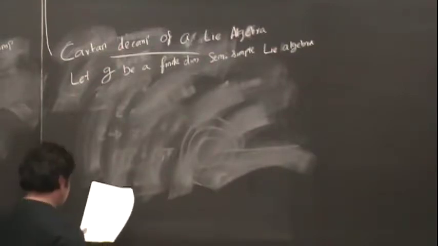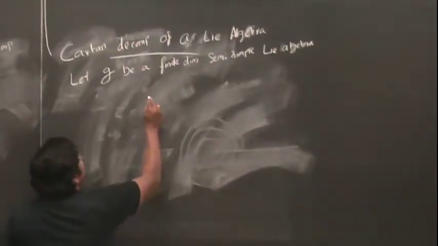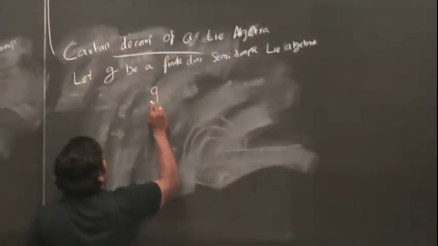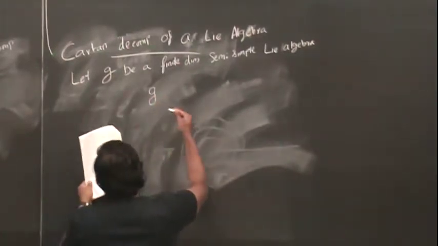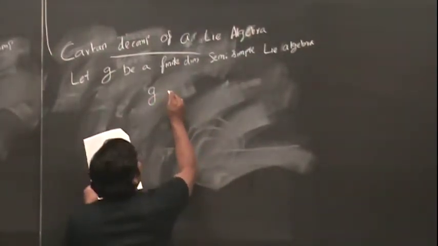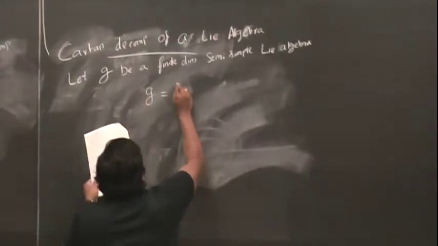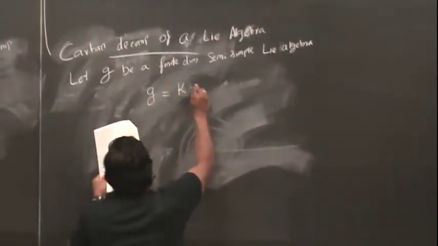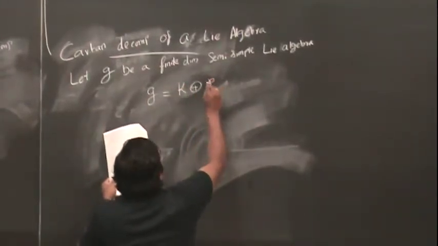So a decomposition of the vector space of the Lie algebra, suppose we write this as k plus p.